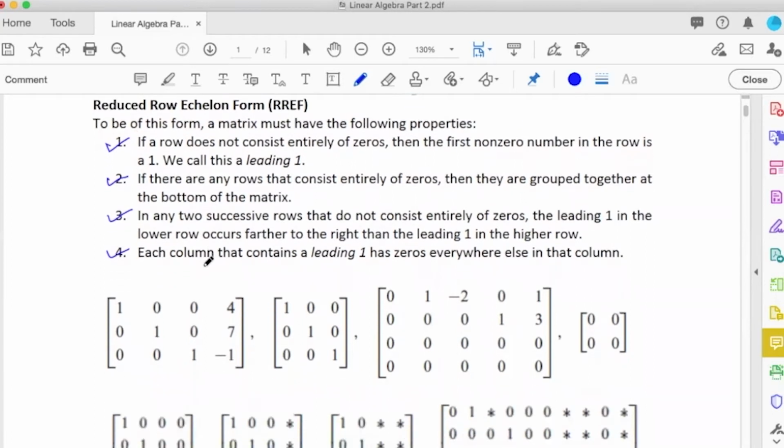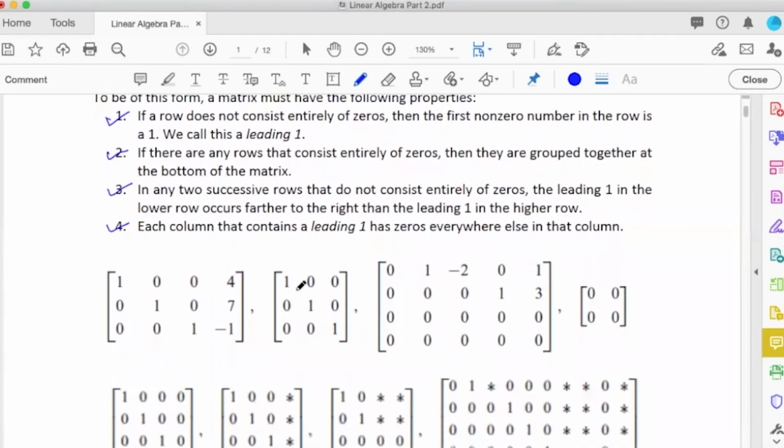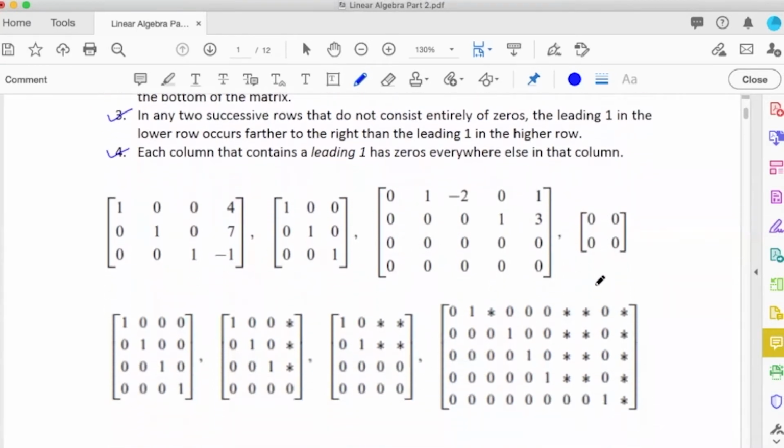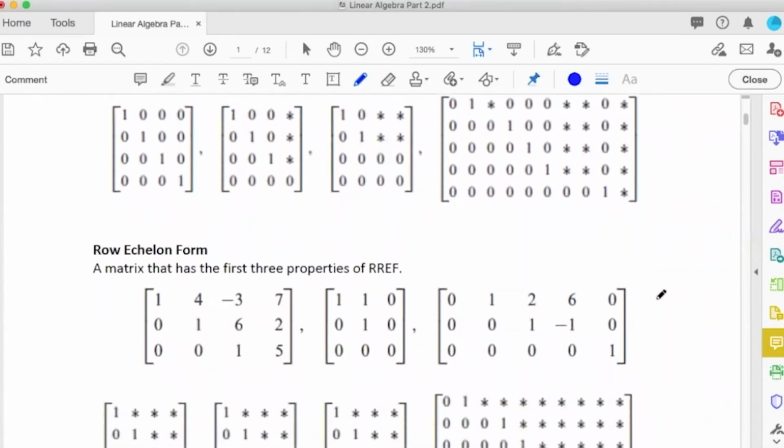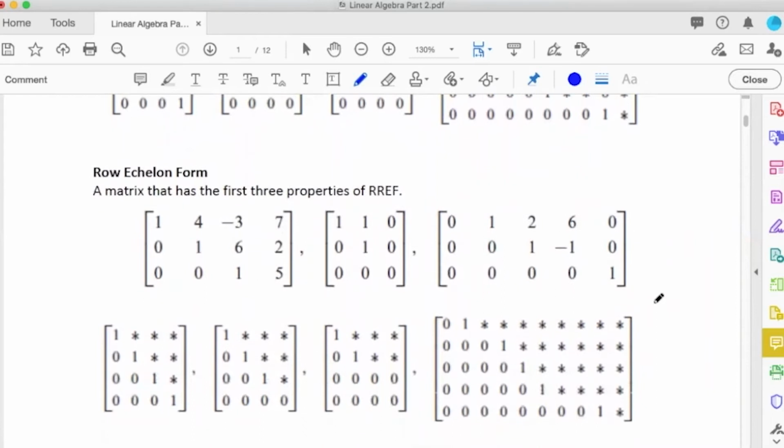So these are examples of matrices in the RREF form. You can see that these are some of the examples of RREF matrices. Next, we look at row echelon form.